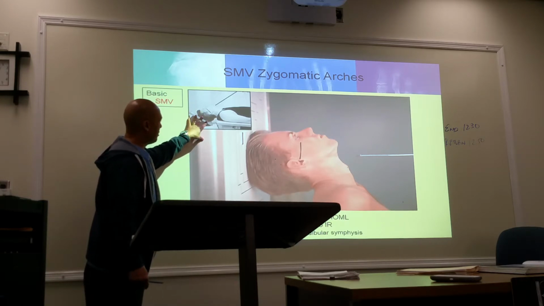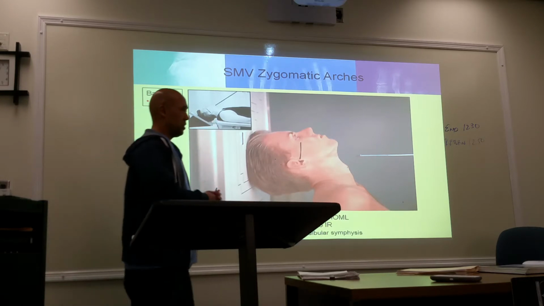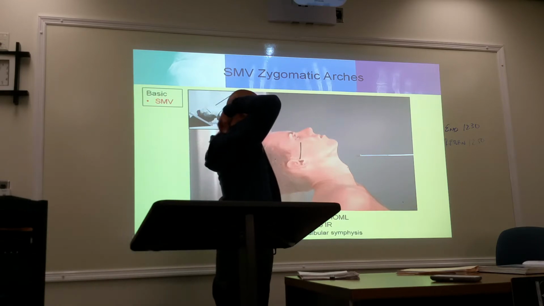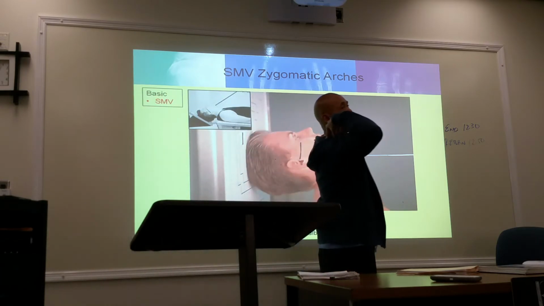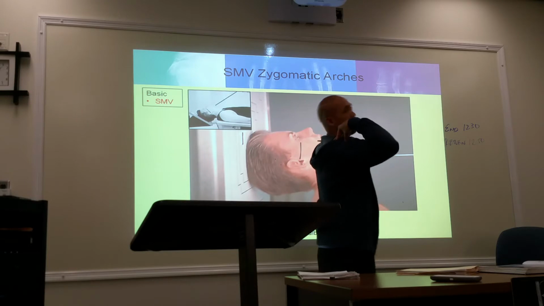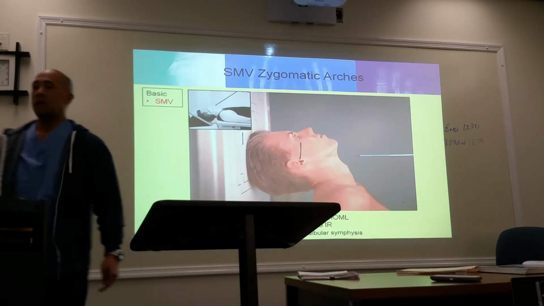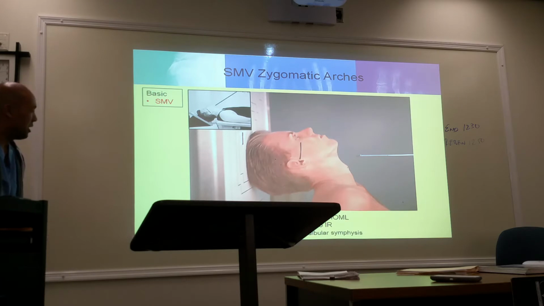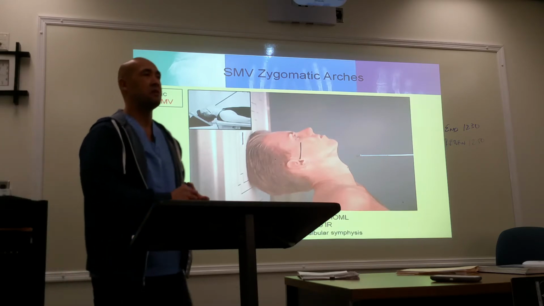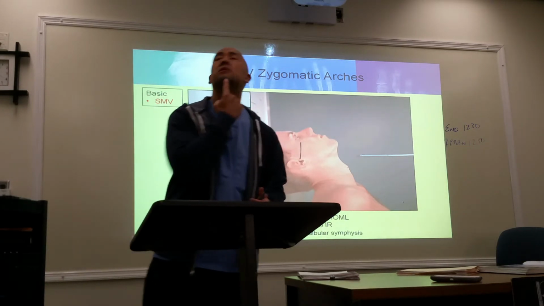If you don't have access to that, the other thing you can do is place a huge bolster behind their back as they're lying down, and naturally what's going to happen is their head's going to plop right back. Central ray is going to be directed 1.5 inches below the mandibular symphysis. Where's your symphysis? Just basically this.